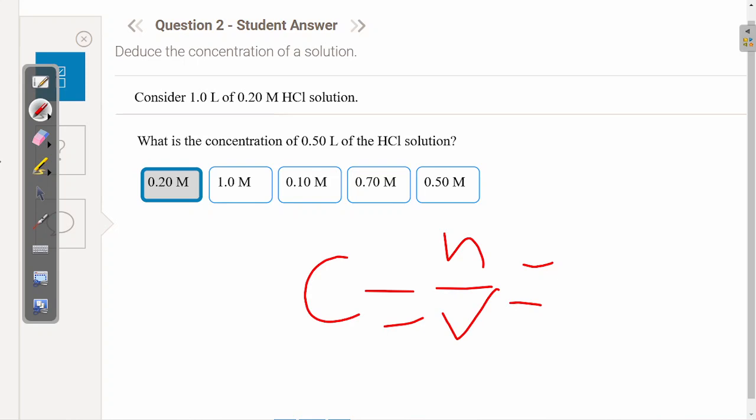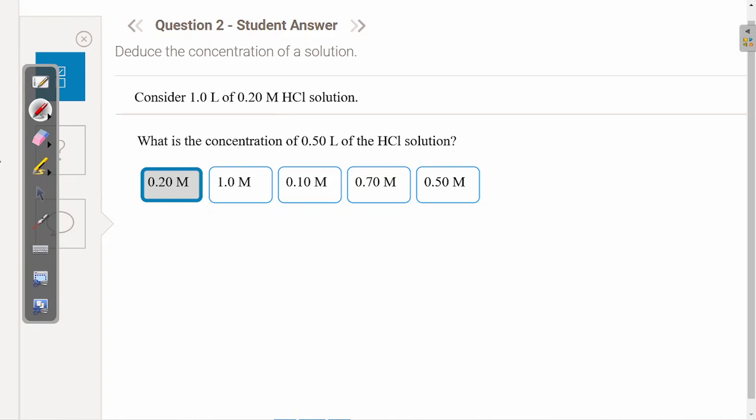Consider 1 liter of 0.2 molar HCl solution. What's the concentration of 0.5 liter of the HCl solution? It will be the same, 0.2, because if you have a cup of salty water and pour out a small cup of it, it won't be less salty.